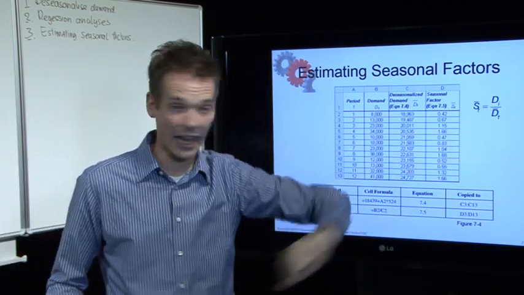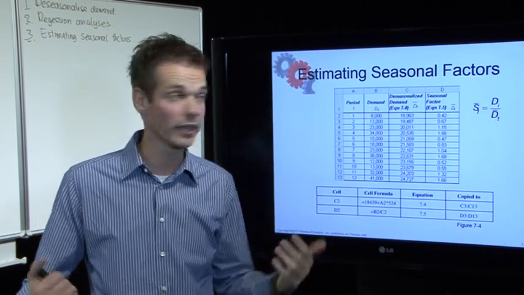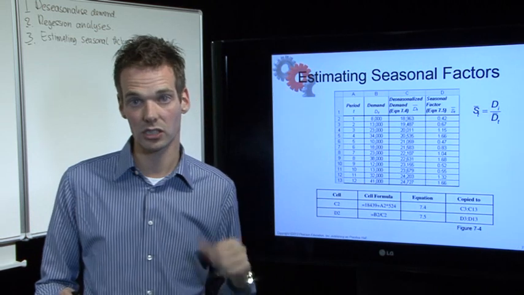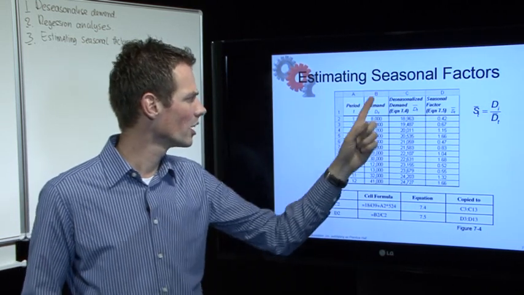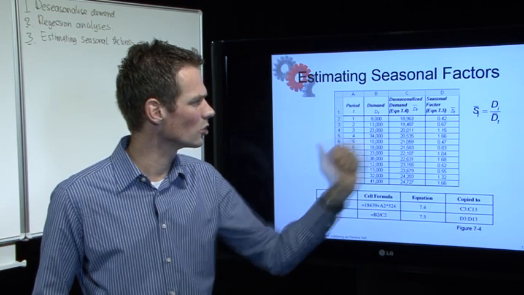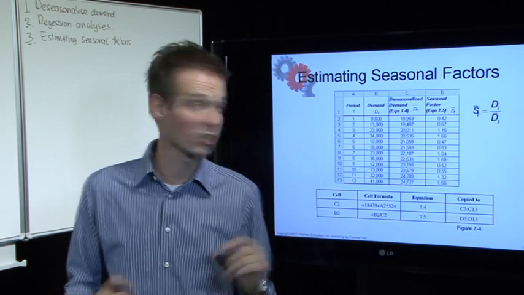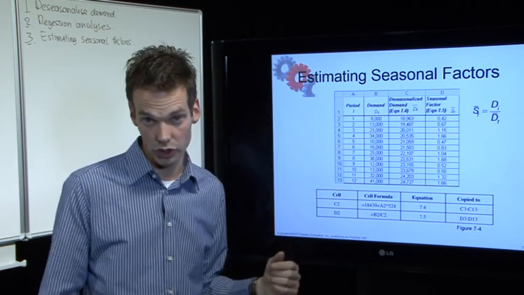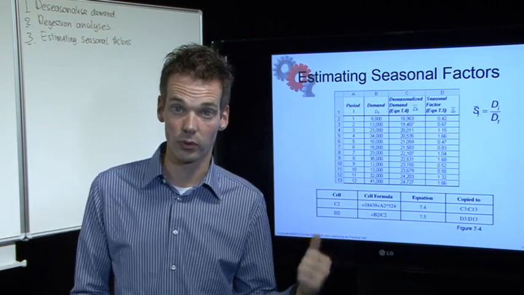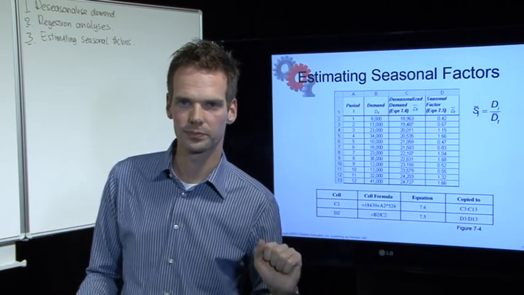We take the actual demand and we divide it by the deseasonalized demand. So B2 divided by C2. The deseasonalized demand for the second quarter in the first year, or in this example, the first period, is 0.42.